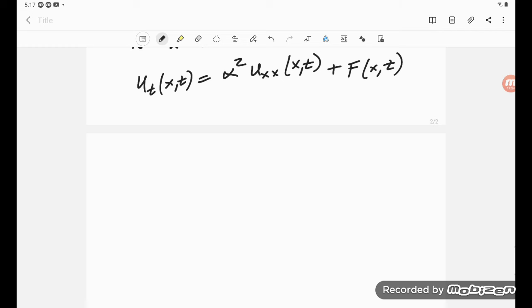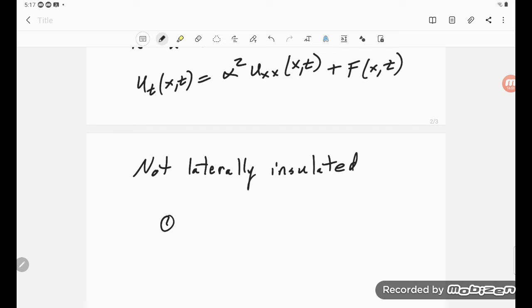And they say that we keep at 0. In this case, they're saying, not laterally insulated.